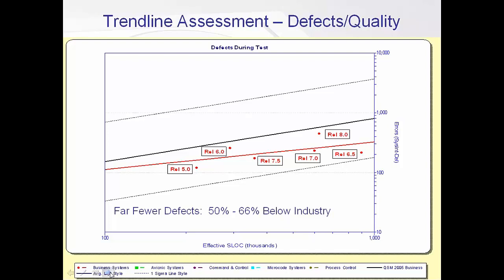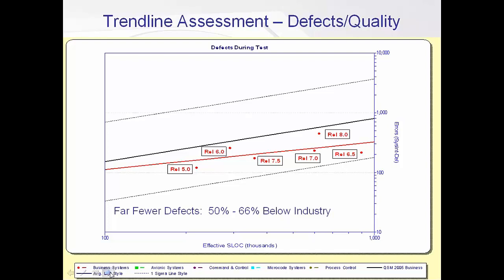And we found that their defect levels across 6 different releases were consistently below that center solid line, which is the industry average. The ranges of the bell curve on that industry average are the dotted lines above and below. And as projects started moving towards the larger scope, release 8.0 and 6.5 in this particular graph, we saw that the defects were 2/3 below industry.